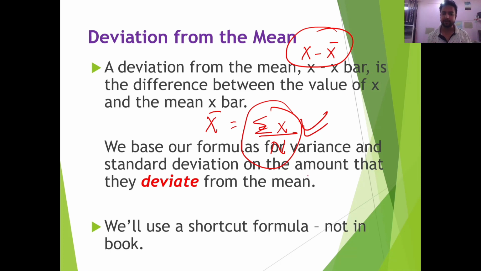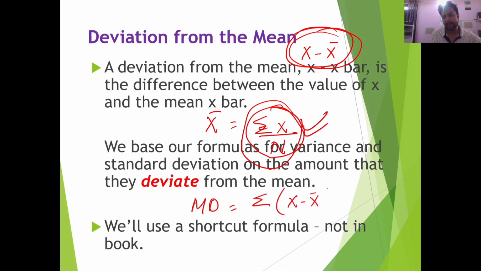Now let us move to another thing, that is mean deviation. This was deviation, and when we take the mean of the deviation, that is what we call mean deviation. Mean deviation is summation of x minus x bar, divided by n.